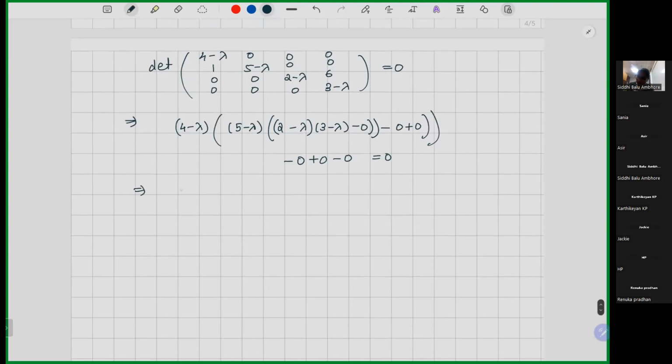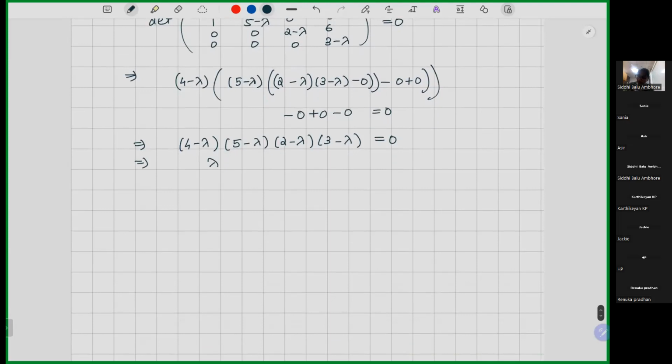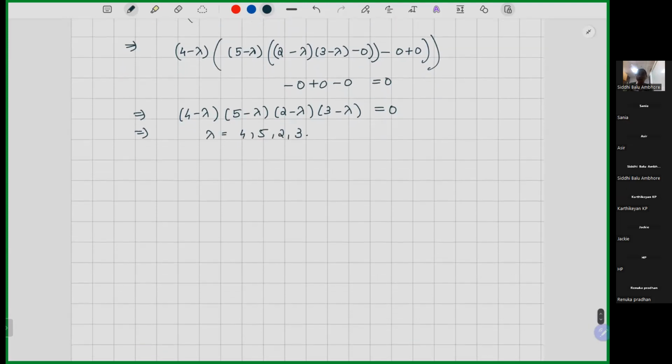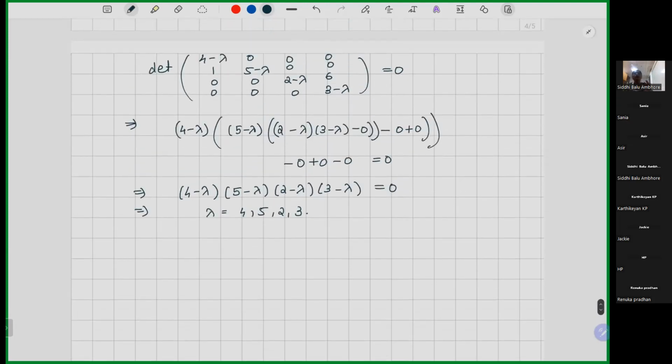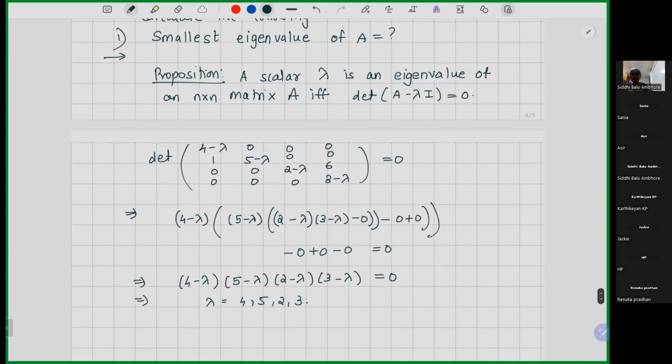So this is simply 4 minus lambda, 5 minus lambda, 2 minus lambda, 3 minus lambda equal to 0. So what values do I get? Lambda is equal to 4, 5, 2, and 3. These are all the eigenvalues of the given matrix A.